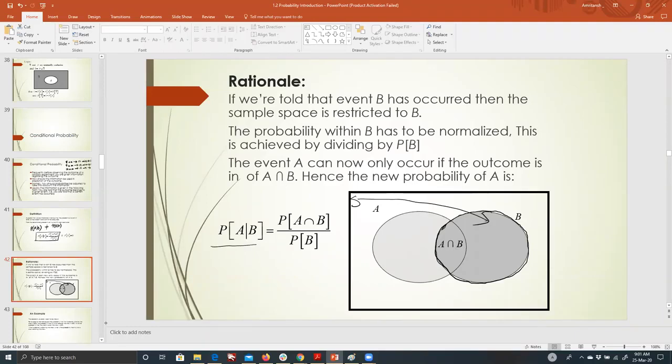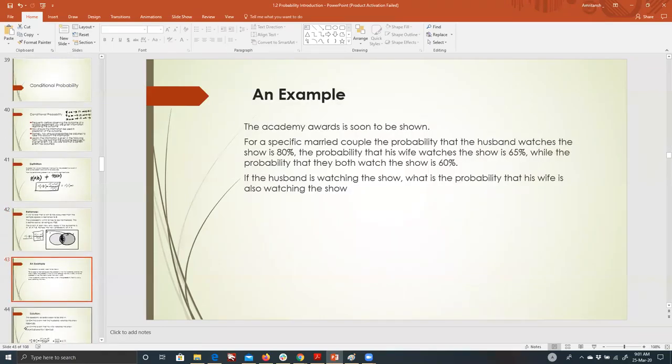So probability of A given B is probability of A intersection B, this area, divided by the total area of B itself. Okay, calculate this one.